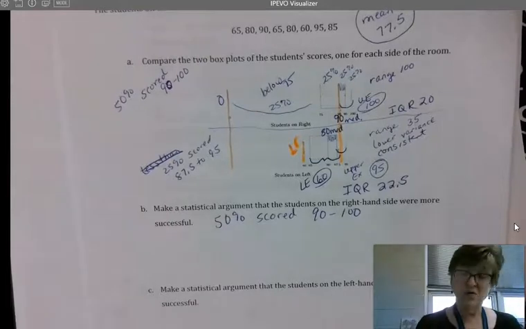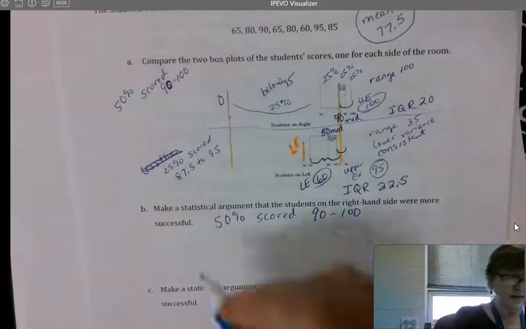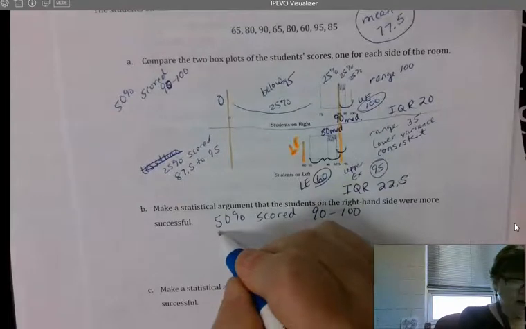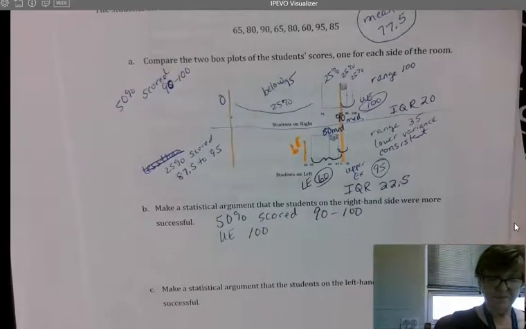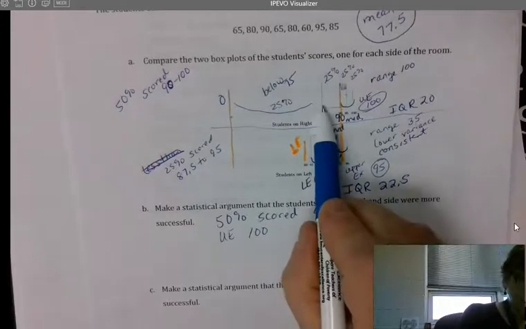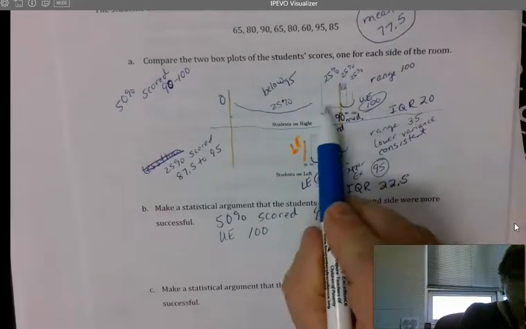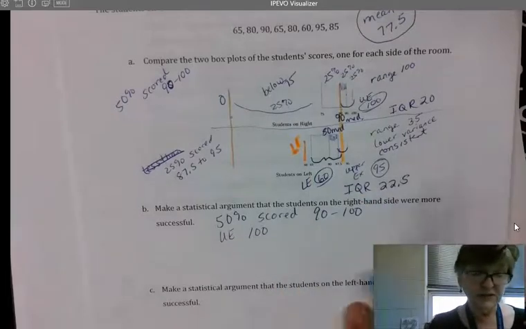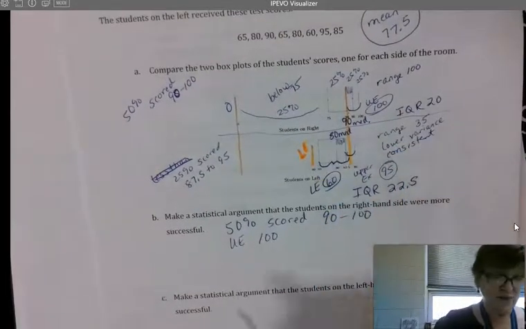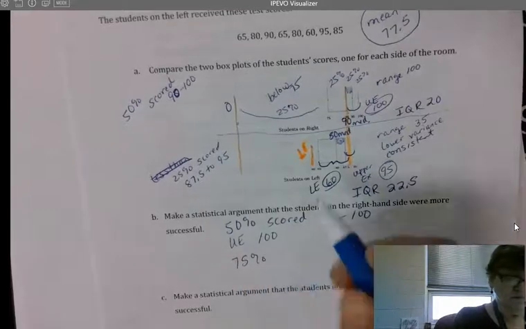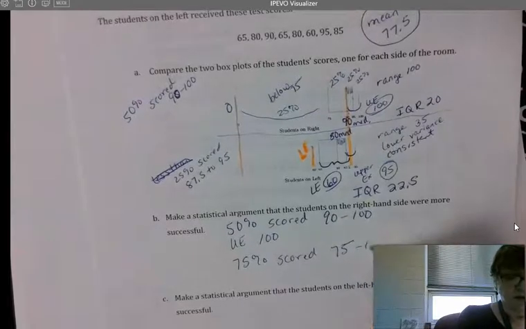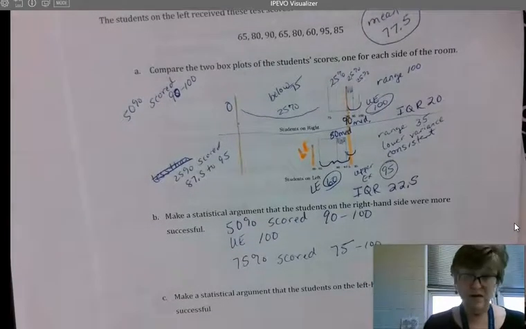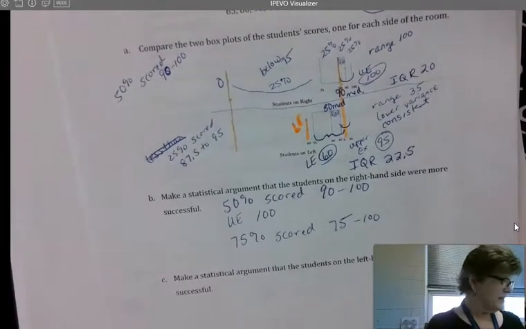Another statistical piece of data is that the upper extreme was at 100, which is another strong piece of data. If we go from right here all the way across, we have 75% of students scoring a 75 or better. So 75 to 100. Okay, that's some really key information.